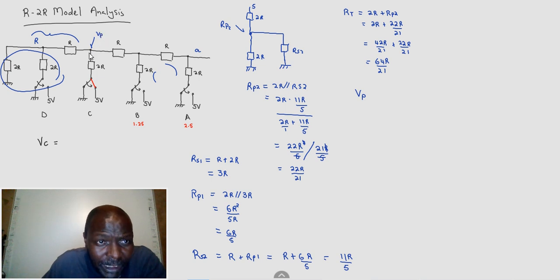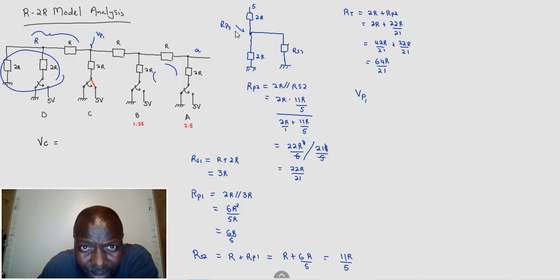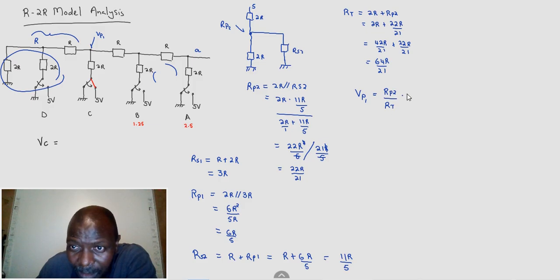Let me call it V parallel 1, because I'm seeing myself needing a V parallel 2 here. So V parallel is simply going to be R parallel 2 over R total times V supply, which is 5.